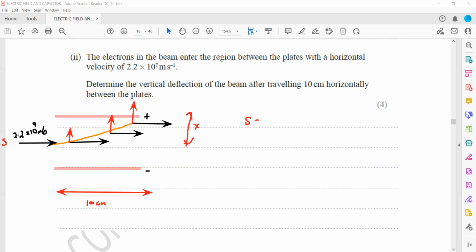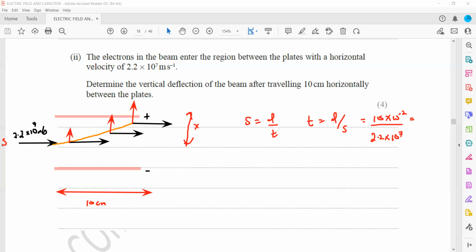We have the formula: speed is distance divided by time. As the horizontal motion has no acceleration, we can use this formula. So time is equal to distance divided by speed. The distance covered is 10 centimeters, so it will be 10 × 10^-2, which is 0.1 m, divided by the speed at which it entered, 2.2 × 10^7.